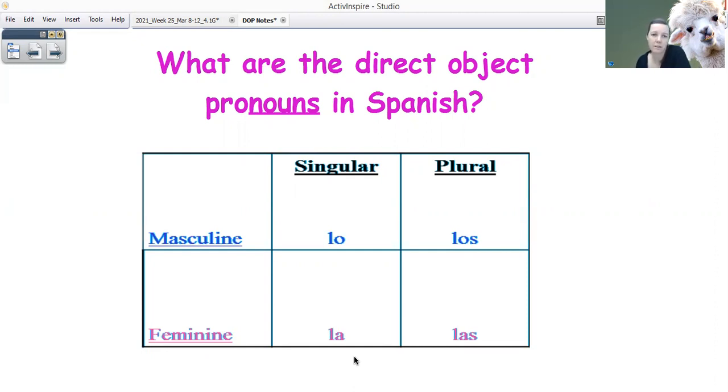Of course, we'll have the difference, masculine and feminine. Masculine singular is lo, and plural is los. Feminine, so we're talking about la casa. To replace la casa, it would be la, and plural would be las. So I'm just focusing on objects right now, not people.